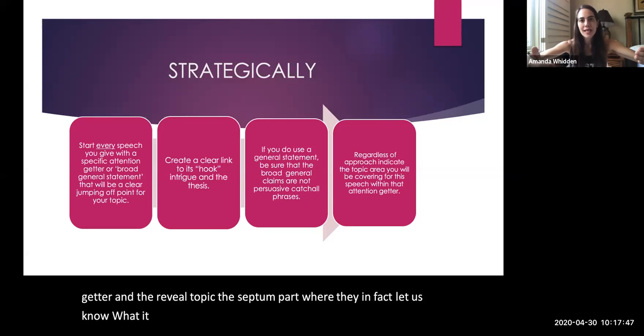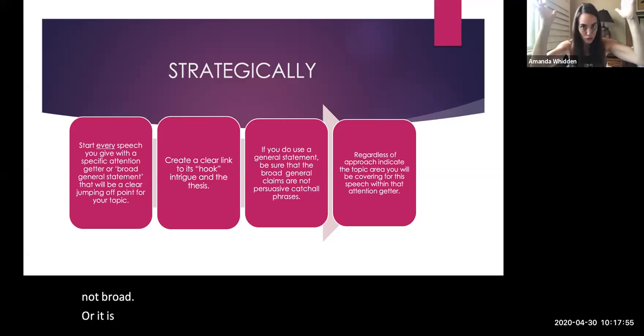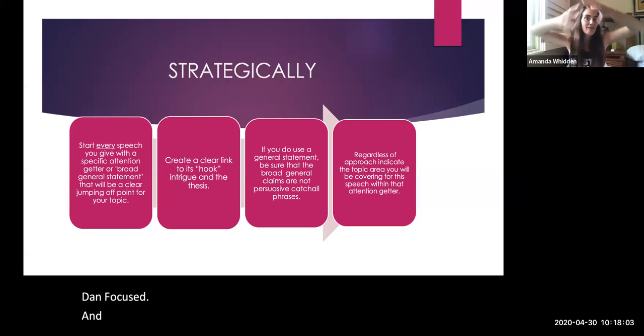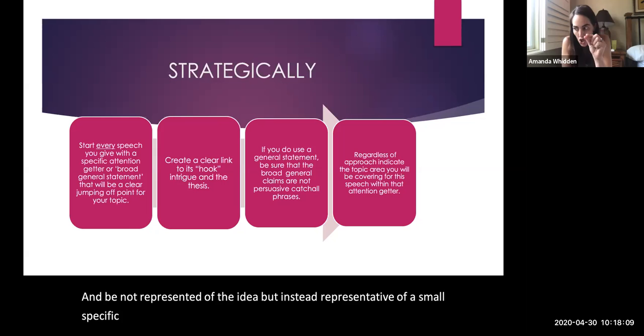It's more than likely because that attention getter is not broad, or it is not specific to the broad topic, but instead it may be too narrowed and focused and not representative of the idea, but instead representative of a small specific part of that idea.